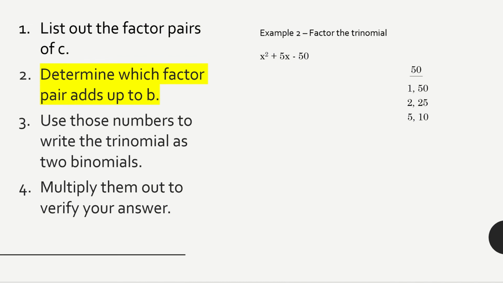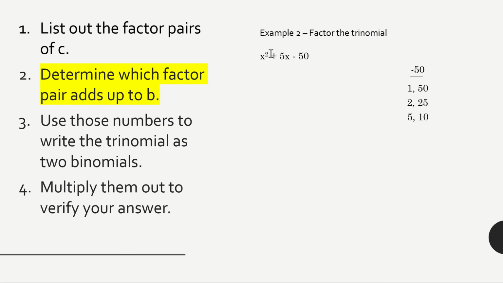So now we're going to determine which factor pair adds up to b. This is the point right here where we make c negative, because that's what it is, negative 50. So that means that one of these numbers in each pair has to be negative, because a negative times a positive is a negative. So the question is which one? Well, it has to add up to positive 5.